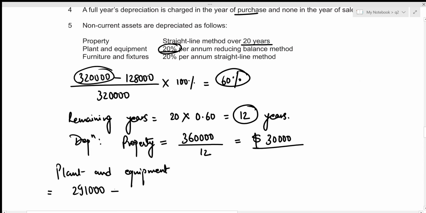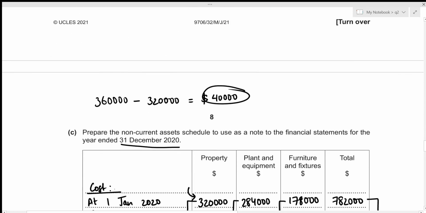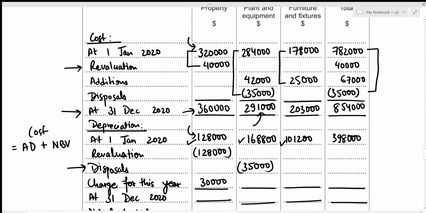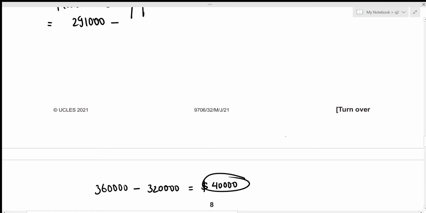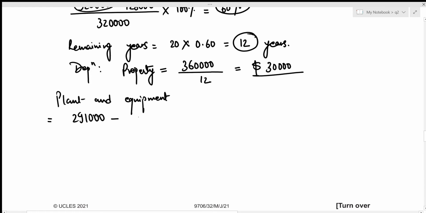Now we just need to subtract the accumulated depreciation in order to figure out its net book value. But we can see that for accumulated depreciation, previously we had 168,800, but we subtracted the value of 35,000 as the accumulated depreciation for disposed plant and equipment, right? So the actual accumulated depreciation would be 168,800 minus 35,000, because we no longer need to include the accumulated depreciation of disposed plant and equipment, right?